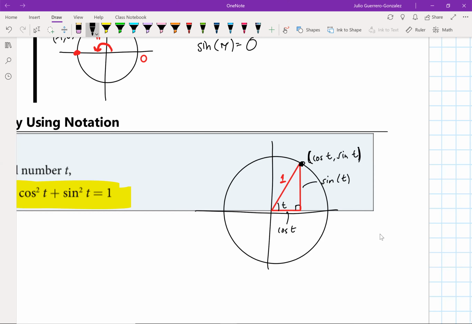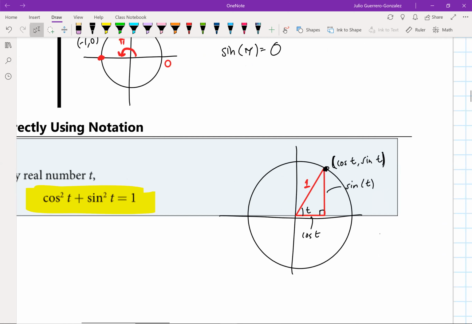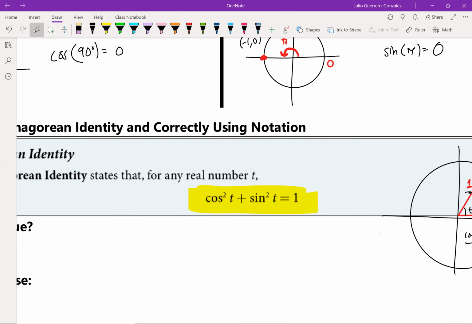And so now we'll use the Pythagorean theorem from the very get-go to get this equation. So this thing squared plus this thing squared has to equal my 1, and that is exactly what it says right there.